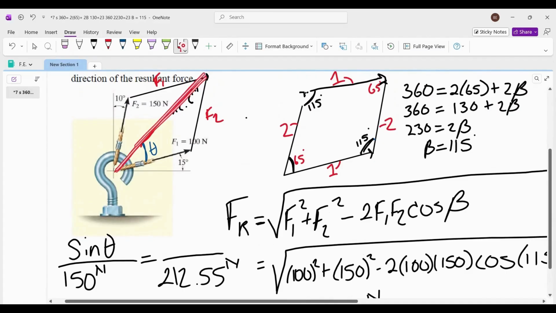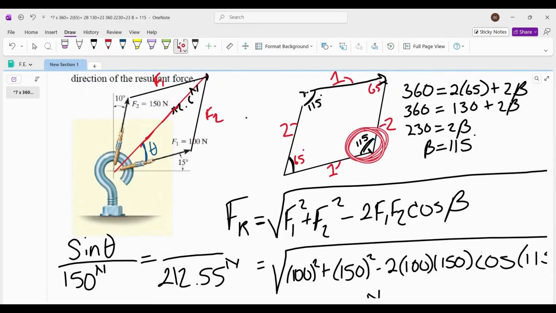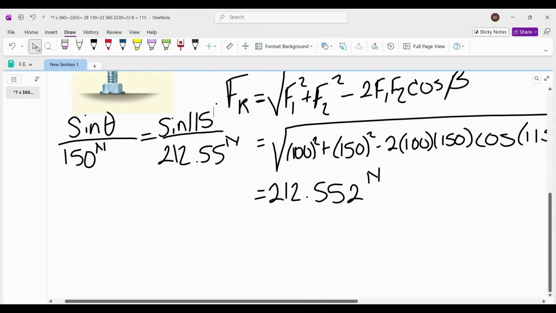That's our resultant force. And the angle for that is the 115. So sine of 115.